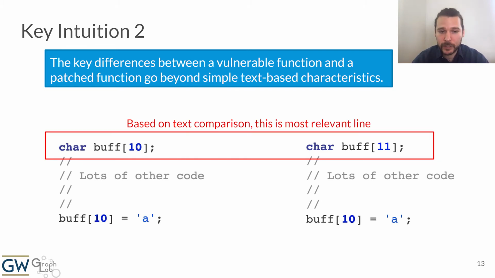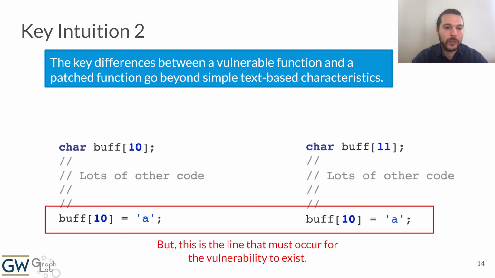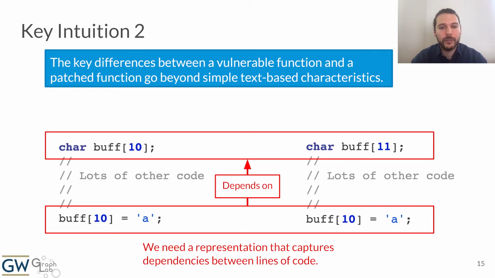So based on a text comparison alone, the only difference between these two functions is the buffer declaration, and thus this line could be considered as the most relevant line to the vulnerability. However, it's really the buffer access that must occur in order for the vulnerability to exist. So it becomes clear that in order to accurately represent the differences between the vulnerable and patched function, we need a representation beyond the text which contains the dependencies between elements of the source code.